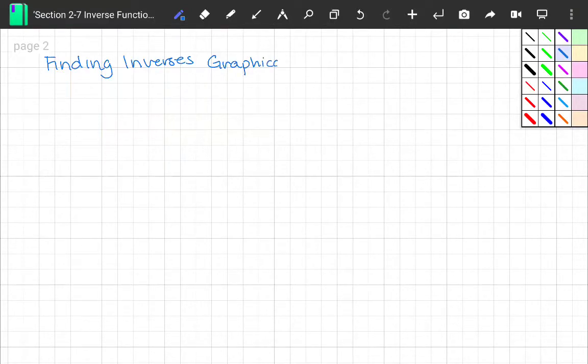We know from algebraically, you switch x and y. So if we're going to find them graphically, you still switch x and y. Now there's going to be another way to do it too, but I'm going to go ahead and put this here. You can switch the x coordinate with the y coordinates.